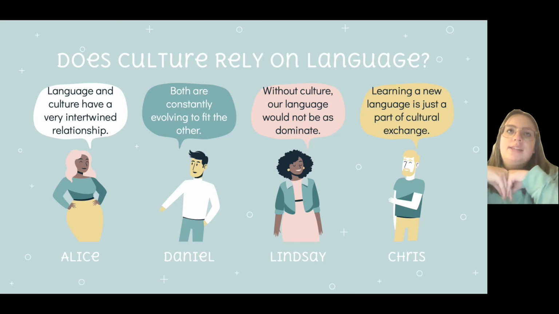The reason that English was able to dominate is because we had so much culture behind it. The Native Americans also had culture, but it was very diverse, and it varied from tribe to tribe, just like their language. So that's why it was not as dominant when compared to English.